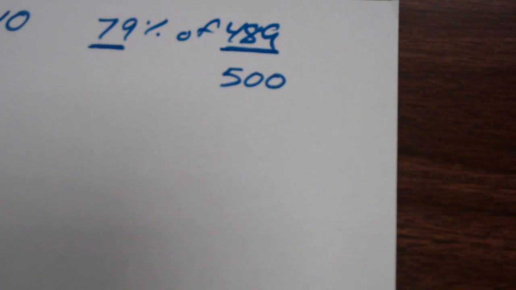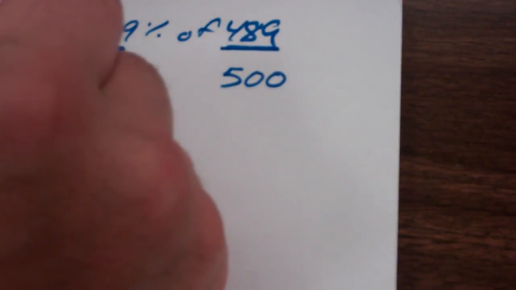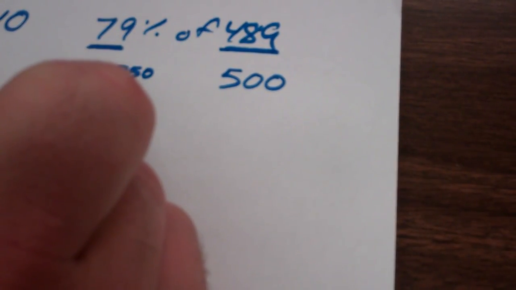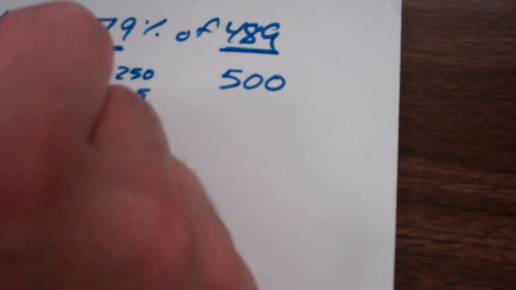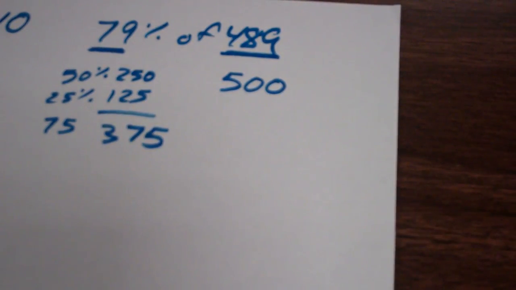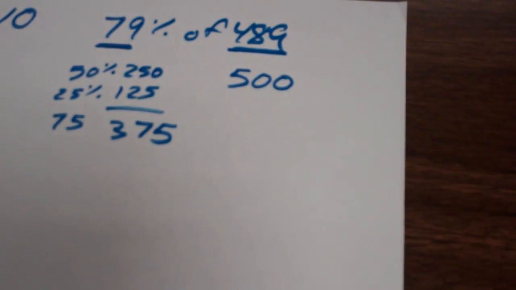Now I'm going to find 50% of it by taking half of that. So 50% would be 250. Find another 25%. Well, 25% is half of the 50%, so that'd be 125. So I would know that 75% would be really close to 375. That's a decent estimate, not exactly as close as I would like.